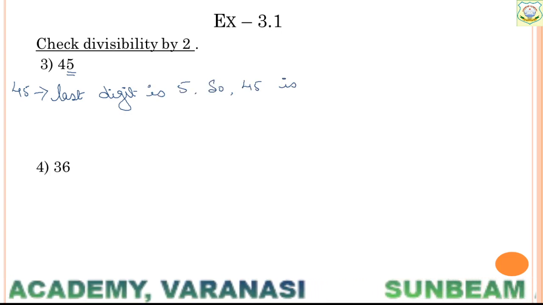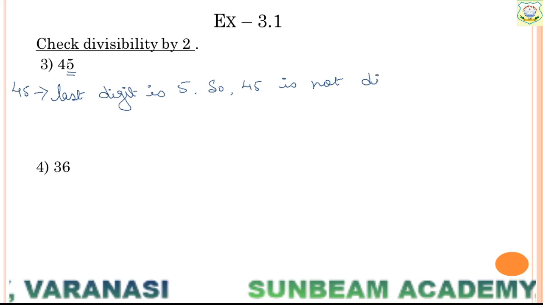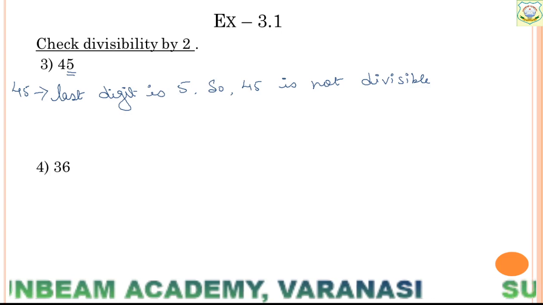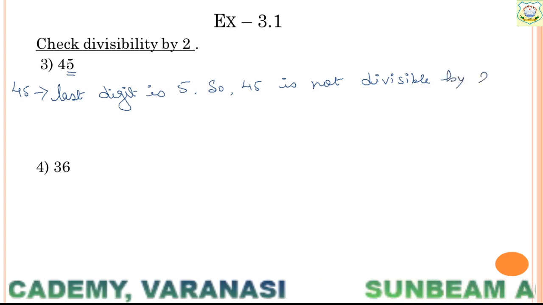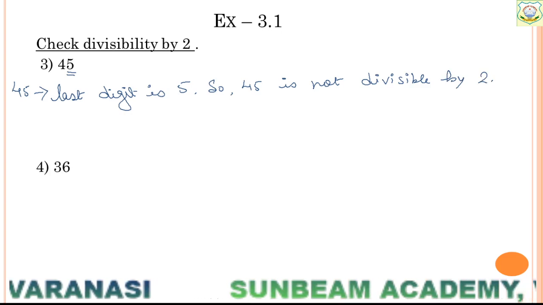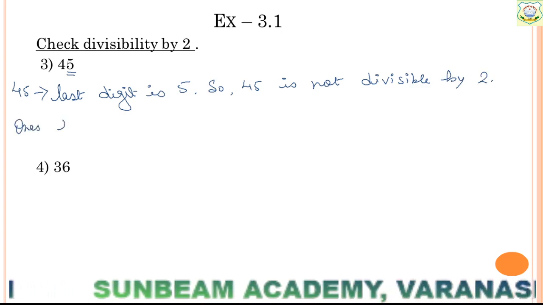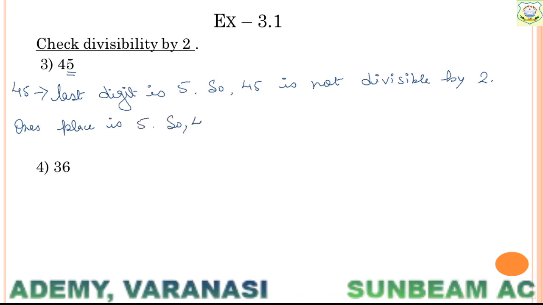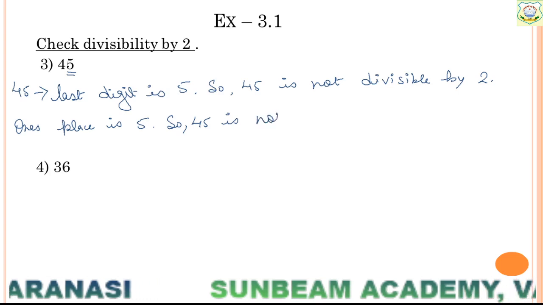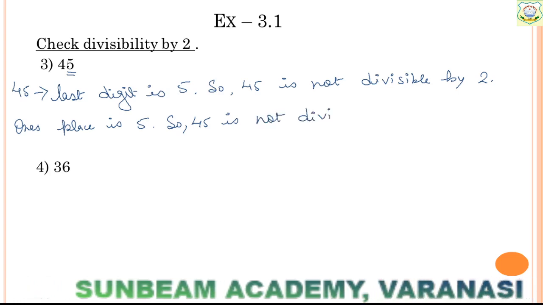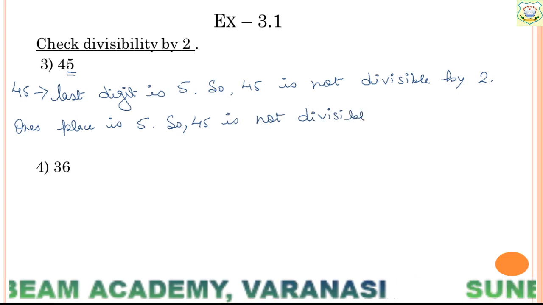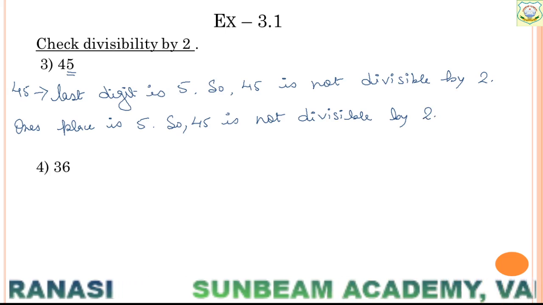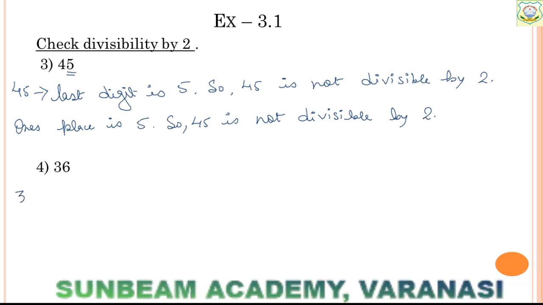No, right. 45 is not divisible. Whenever a number is not divisible, everything will be the same, we just have to add 'not': not divisible by 2. Clear? In the same way we can do the next one also: ones place is 5, so 45 is not divisible by 2. We are writing the same thing. Okay, note it down. Then we will start the fourth question.